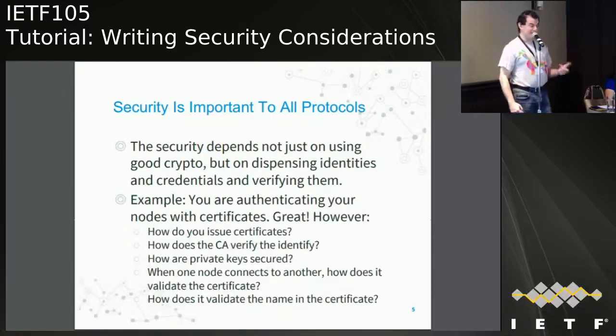How does the CA that is going to sign the certificate verify that whoever sent the certificate signing request is actually who they claim to be? How are the private keys secured? Now, this part is not usually IETF domain, but it's also important for the system. And when one node connects to another, how does the other node first validate the certificate? And then how does it validate the name in the certificate? How does that map to authorization?